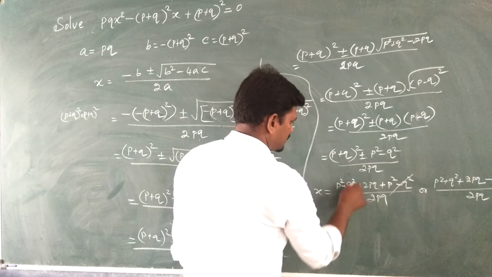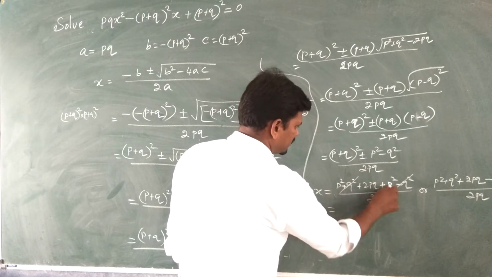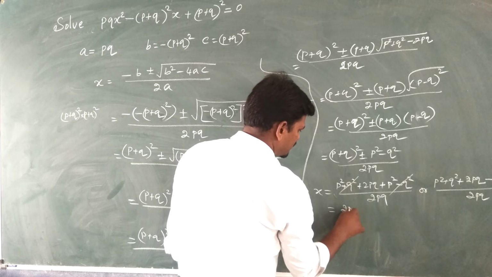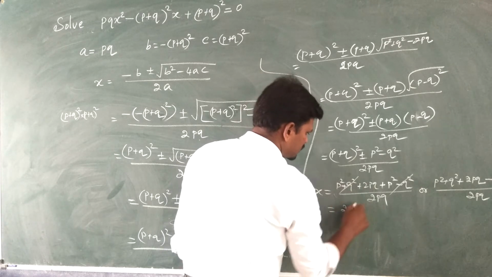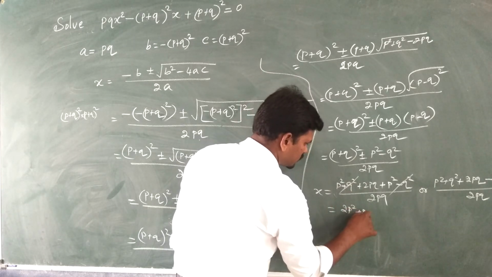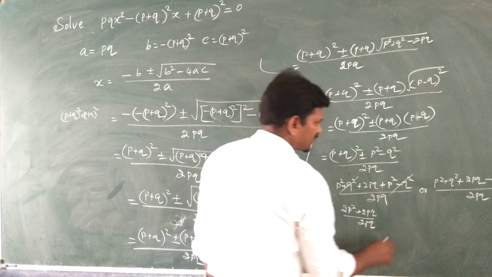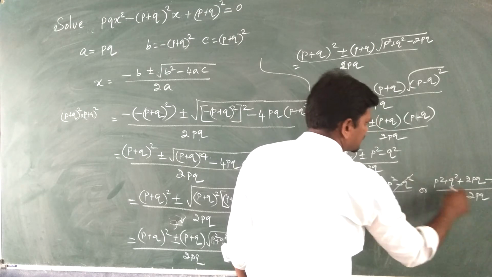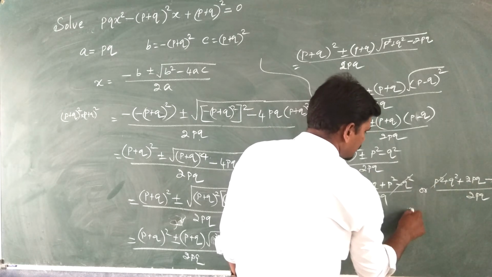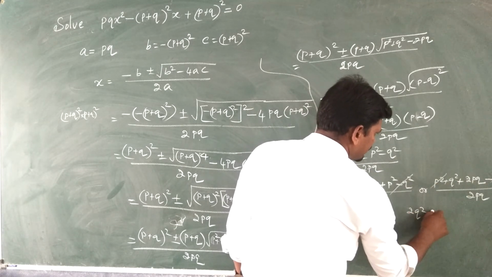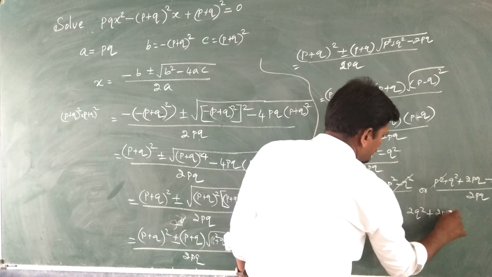Now this can be simplified: 2p square plus 2pq by 2pq. For the other, p square and minus p square cancel: 2q square plus 2pq by 2pq.